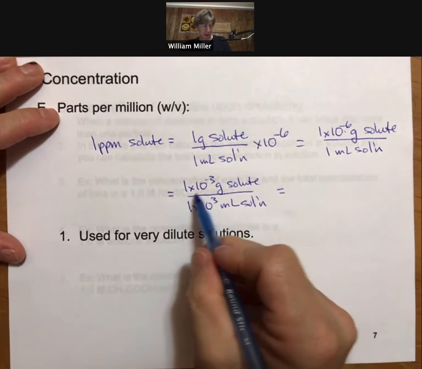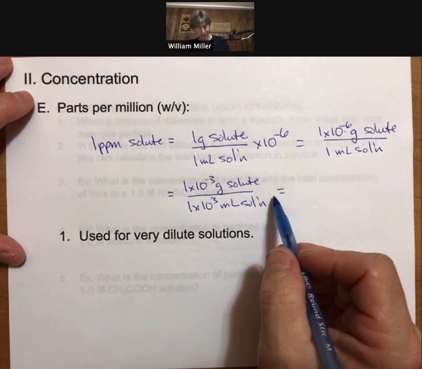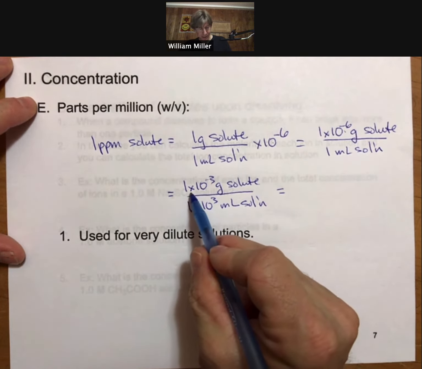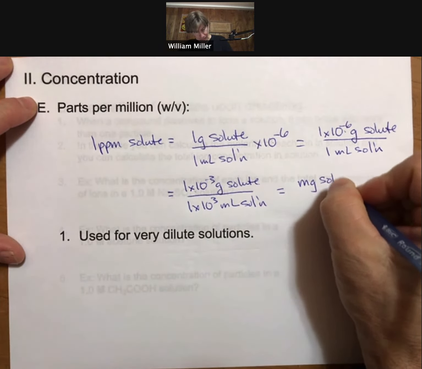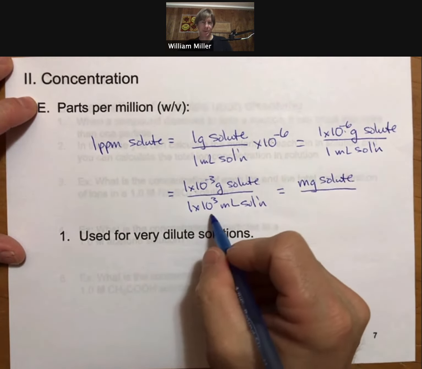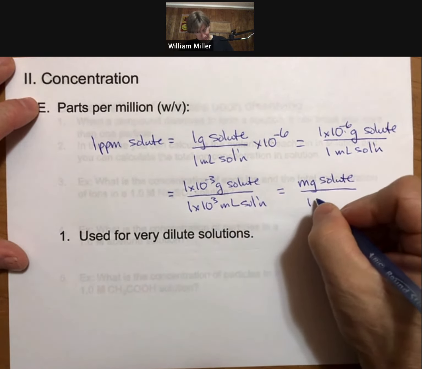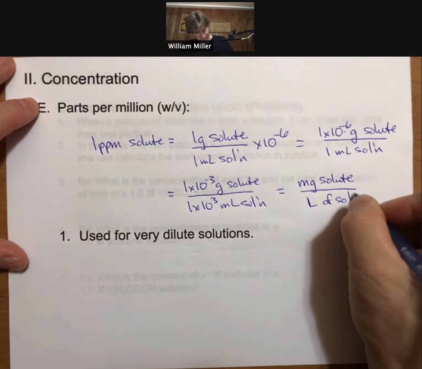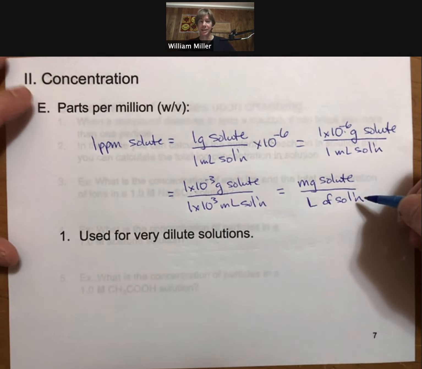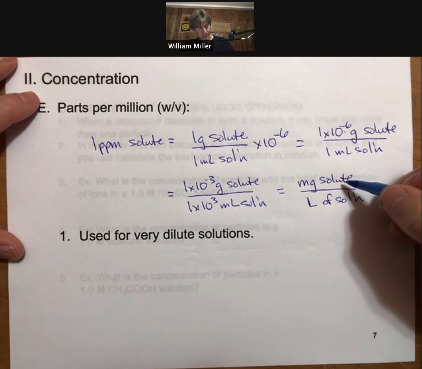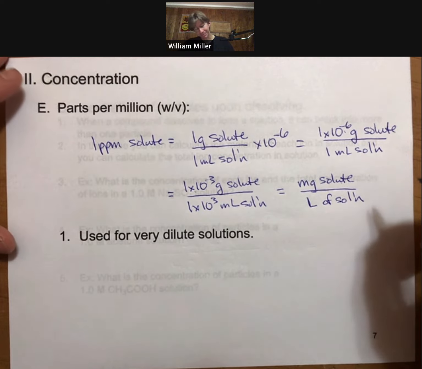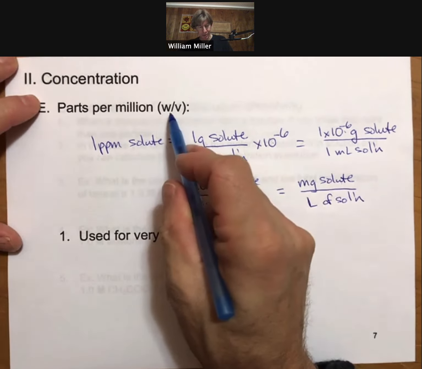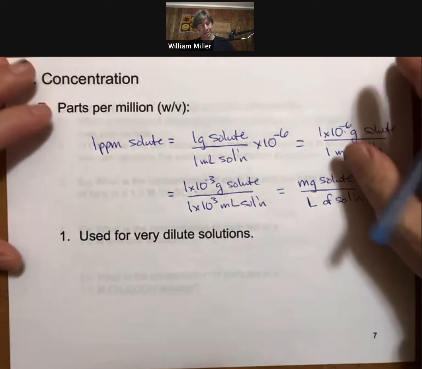And in fact, our last stop on the part per million scale is this 1 times 10 to the minus 3 grams is milligrams, and 1 times 10 to the 3 milliliters is liters. And oftentimes, and this is happening more and more, you'll see something listed as milligrams of solute over liters of solution, which is actually weight per volume or mass per volume, how you typically see it more and more these days.